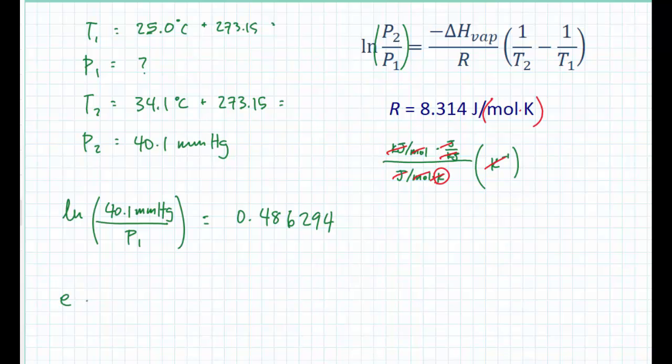You have to do e to the, e to the, and when we do that, those two are opposite functions. So we'll just have a fraction over here, we'll have a number over there.